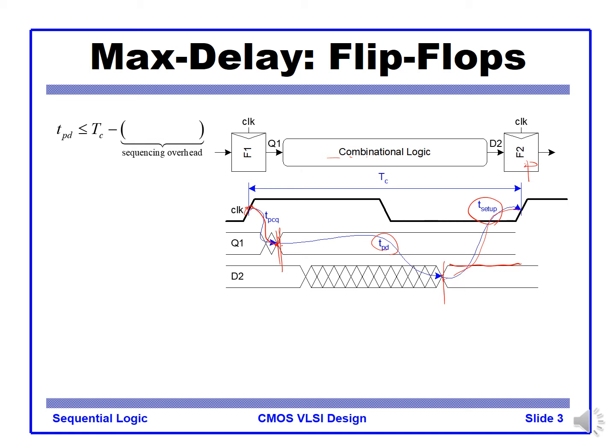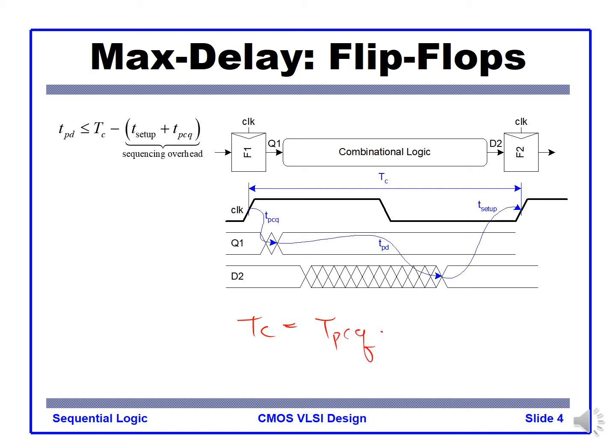During that setup time, the data should not change. So you can equate the equation. What would be the maximum propagation delay allowed for the flip-flop? Overall, TC should be TPCQ plus TPD plus T setup, right? This is the critical limit. TC must be greater than or equal to the sum of those timing data.